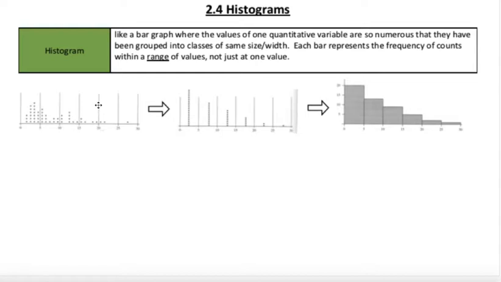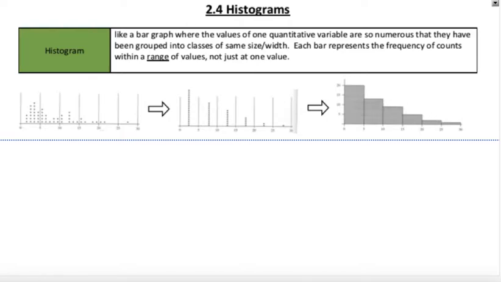As we take data from a dot plot and arrange it so that between 0 and 5 we have this many, between 5 and 10 we have this many, we're just counting them up so that we don't see the individual values. It's not 2, 3, 4, 5, and then 6, 7, 8, 9, 10. Now it's just this many between 0 and 5, and that's where we can start to make our histogram.